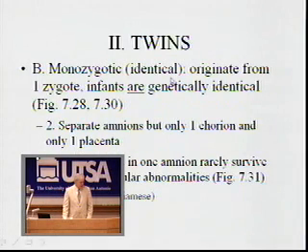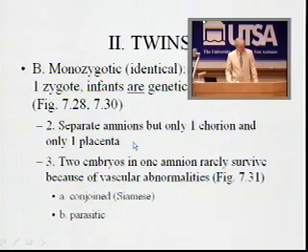Continuing with our discussion of the monozygotic twins, they again are from one zygote and genetically identical. They will have the separate amnions, but only one chorion and one placenta, as we have emphasized repeatedly.